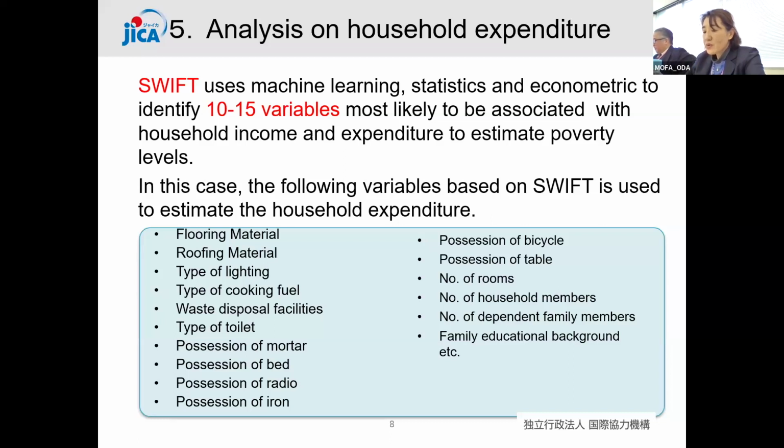For example, food, flooring materials, roofing materials, type of lighting of the house of the farmers, or possession of a motorcycle, or possession of a bed, or a radio or iron. It means the assets of the farmers. And then number of rooms or household members, and so on. Such variables are used to estimate the household expenditure, and also estimate the poverty rate.